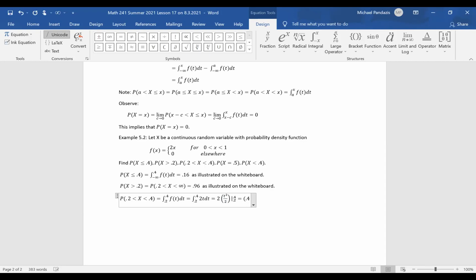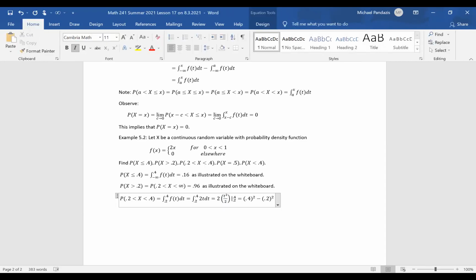So you have 0.4 squared minus 0.2 squared. You have 0.16 minus 0.04, which is equal to 0.12. Okay, and so that's the probability there.